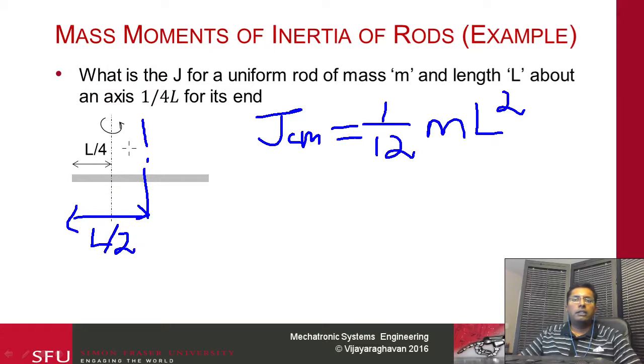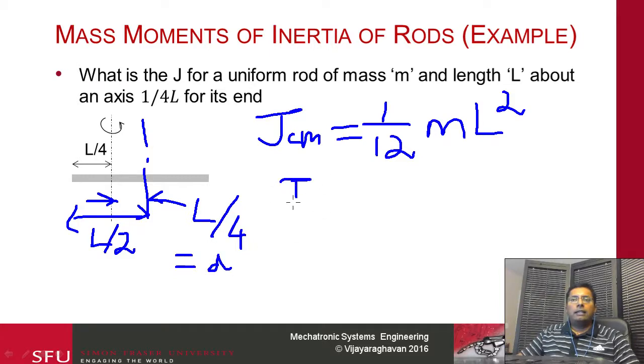So what is this distance between the two axes? This distance is L over 2 minus L over 4, so this becomes L over 4. So this is my D. So this is basically equal to D.